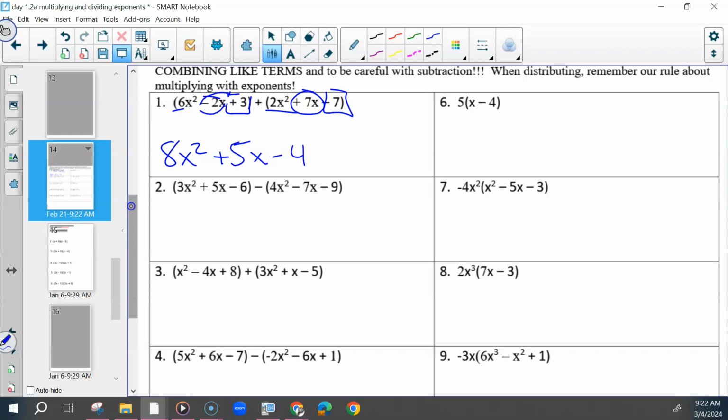Now, the subtracting is basically the same, but there's a little bit of a difference. You can do it the same way. We'll do that second. But you have to remember, be careful with your negatives. What you could do to avoid that is distribute the negative, and then just rewrite everything.